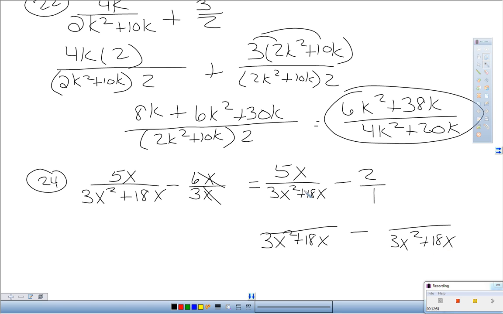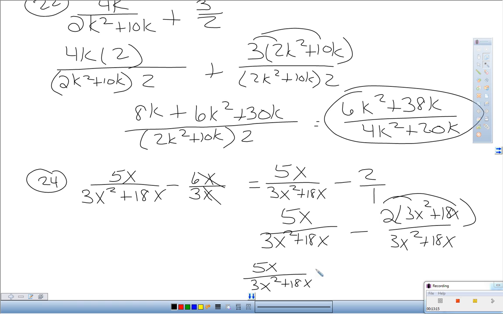So I have 3x² + 18x. Look at the old and look at the new. There's nothing different, so I'm just going to put a 5x here. But on this one, look at the old versus the new. It's got this 3x², so I'm going to multiply by 3x² + 18x. Then I distribute this 2, which gives me 5x over 3x² + 18x, and when I distribute that I get negative 6x² minus 36x, over the 3x² + 18x.